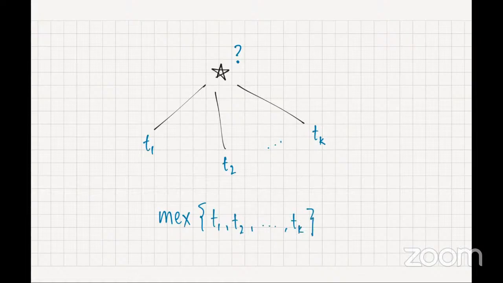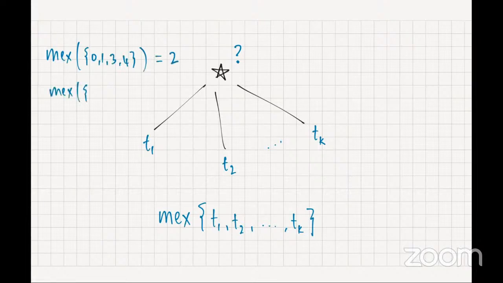So for instance, if you don't have a 0 as an immediate child, then the number here is going to be a 0. Let's do a couple of quick examples. If you have 0, 1, 3, 4, then that's going to be 2.